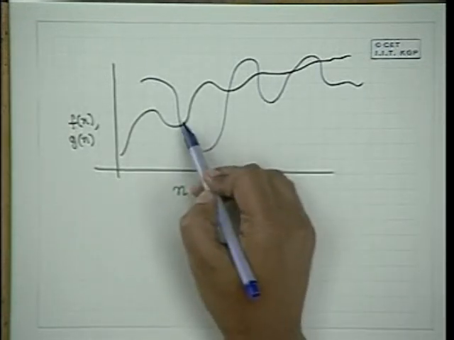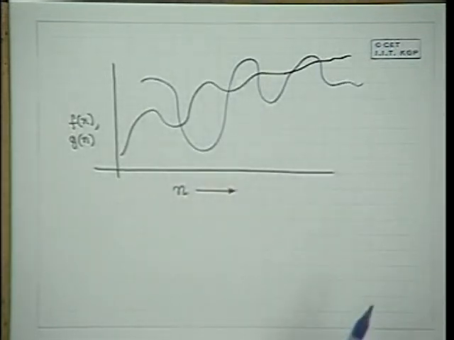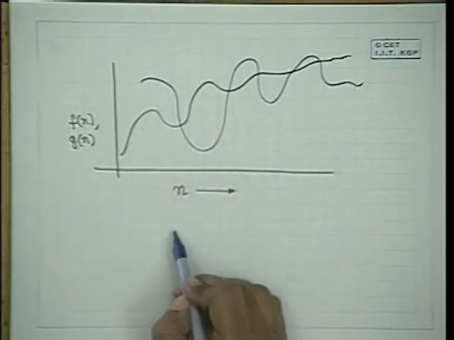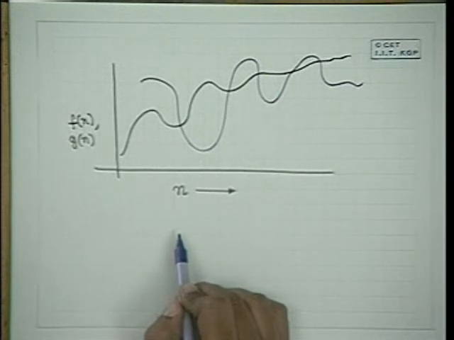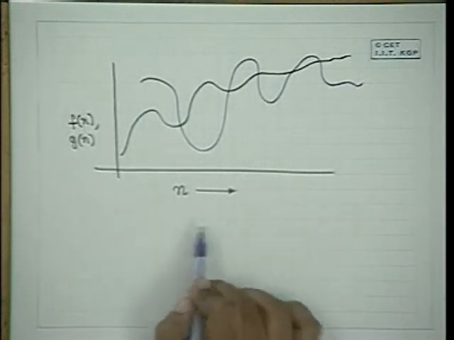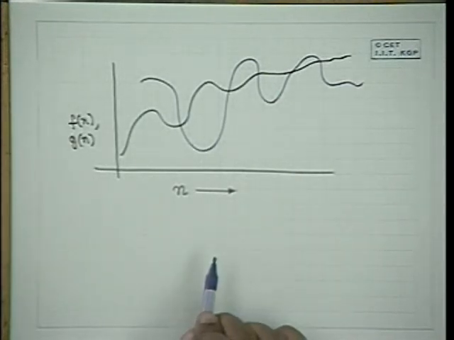Only then can you say in which range which is better than the other. But even this is meaningless because you have made all constants equal to 1, and on different computers they will take different amounts of time.